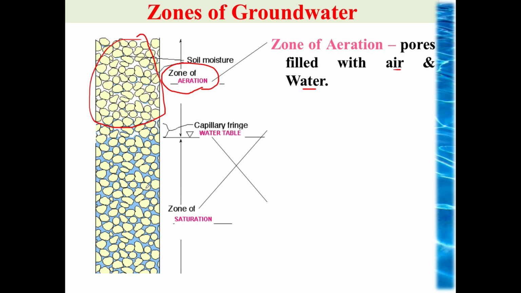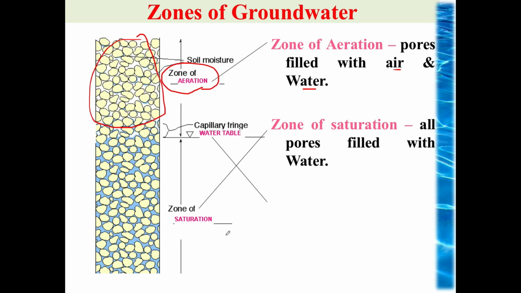Unlike that, below is the zone of saturation. The zone of saturation is defined as the zone where all pores are filled with water. It's fully occupied with water and there's no air. That's why it's a saturated zone. This is the earth surface, and when you go down, we have studied soil moisture.